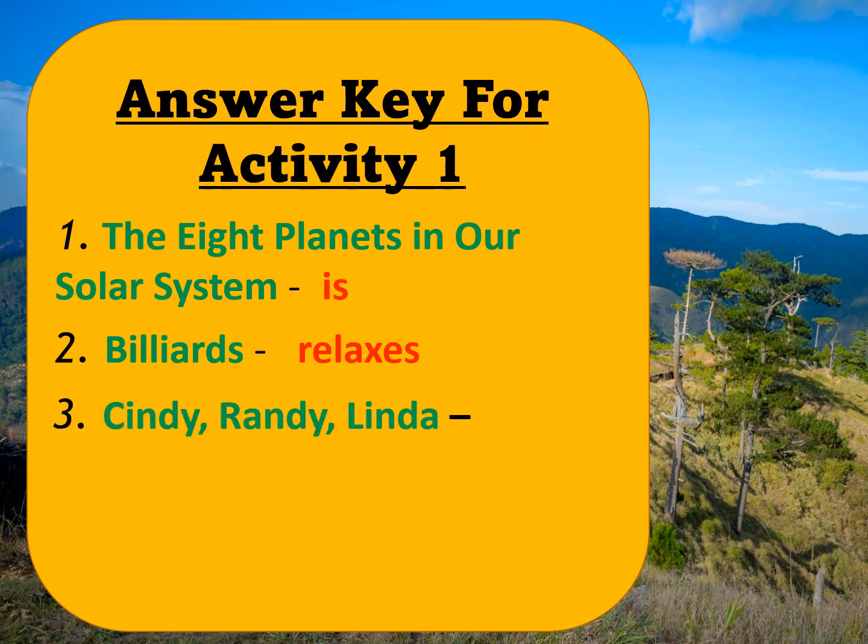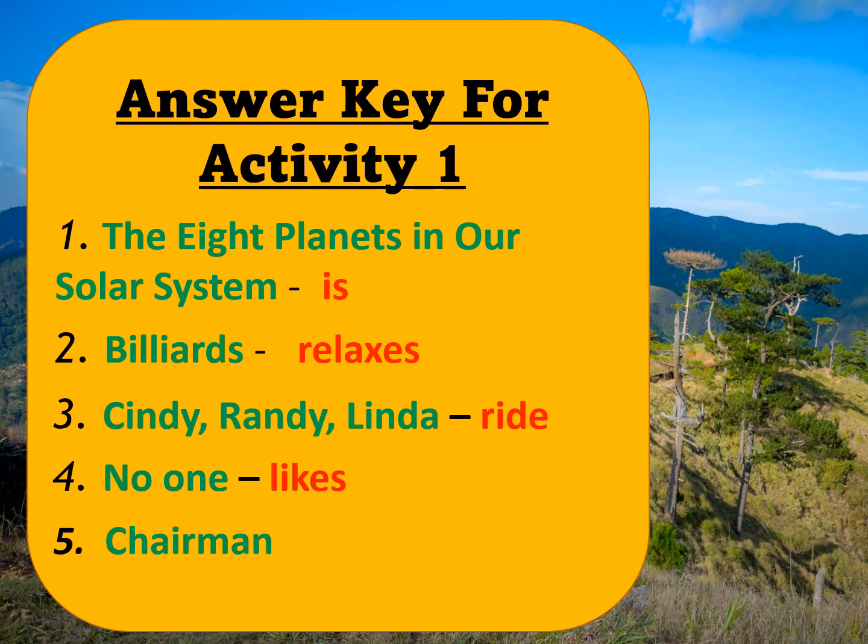Cindy, Randy, and Linda is the subject, while ride is the verb. Number 4. No one is the subject and likes is the verb. And finally, number 5. Chairman is the subject and leaves is the verb.